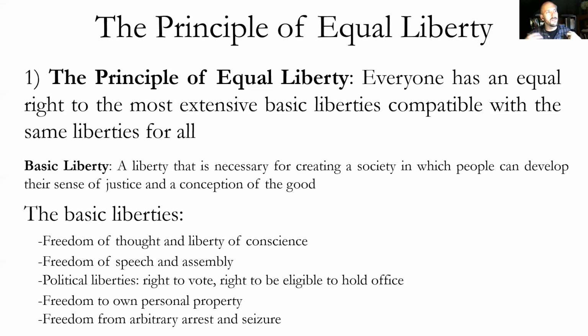I don't have what Hobbes called the right of nature, this liberty to everything. No, my liberty, my rights end at a certain point. There's a limitation, right? That's what Rawls is getting at. And so we have these liberties, but they only extend so far as everyone can equally have them.